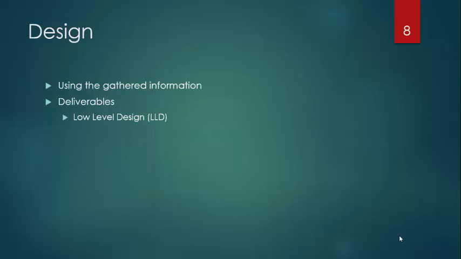In the design phase, which is the most important stage in this approach, we will use or gather information from previous phases to design a network to meet all the business and technology requirements. Okay, in this stage, we will deliver a comprehensive network design.